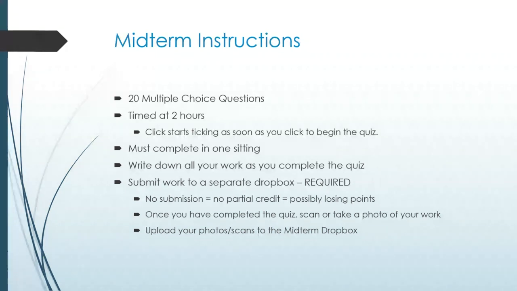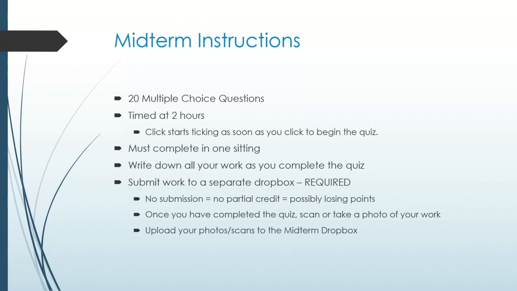So the best thing when you have timed things like this is to do the questions that you know how to do first. Do the easy ones. Get those out of the way. When you're writing your work on paper, number your questions. That way, if your work's out of order, you at least still have it numbered, so you can tell which work goes with which question.